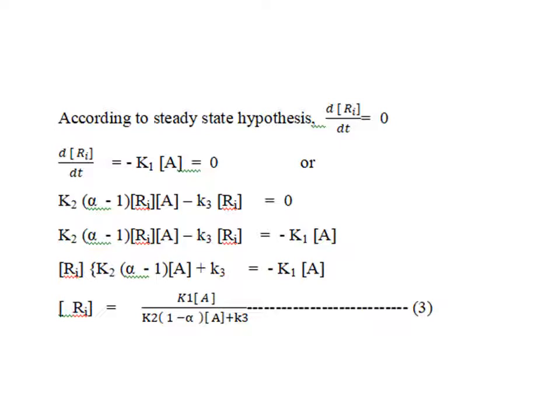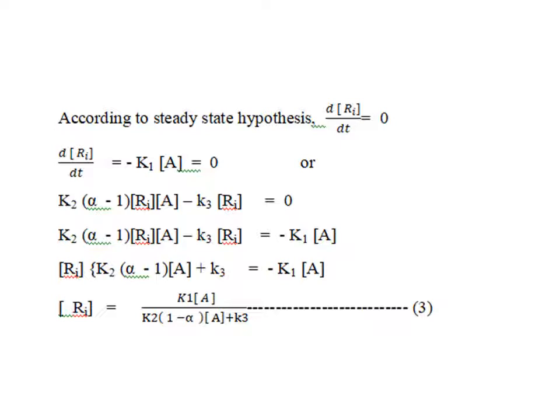We have already written dRi over dt equal to K2 into alpha minus 1 into Ri concentration into A concentration minus K3 Ri concentration, that is equal to 0.